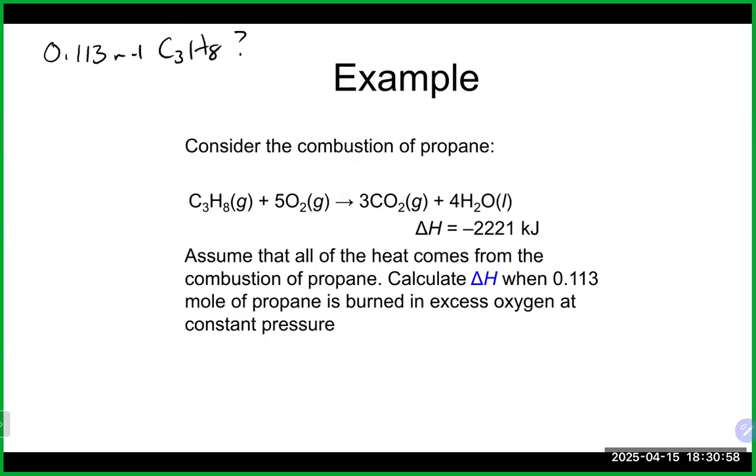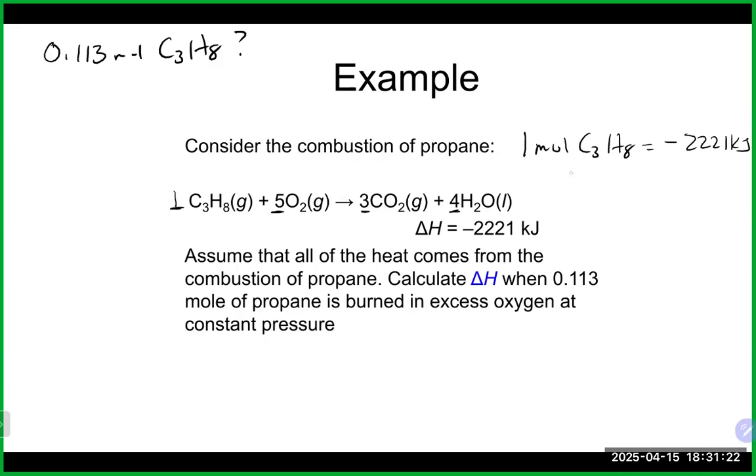Now, when we look at this reaction, this is propane here, and these are our coefficients, right? So basically, we have 1 mole of propane in this case, and 1 mole of propane will actually produce, in this case, negative 2221 kilojoules of energy.